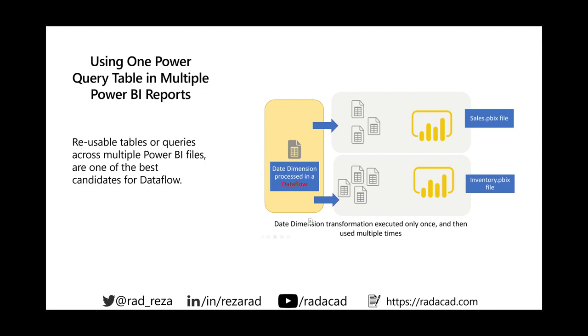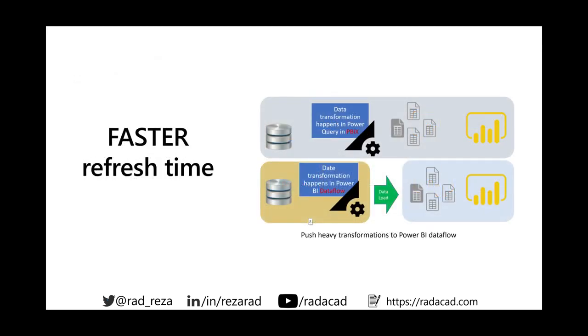Then in different Power BI files, I go and get data from that. That would also make my refresh time faster, because now my transformations are done in the data flow. When I'm in the PBIX file and I refresh it, I'm just getting the data ready and loading it from that. So my refresh time would be faster.